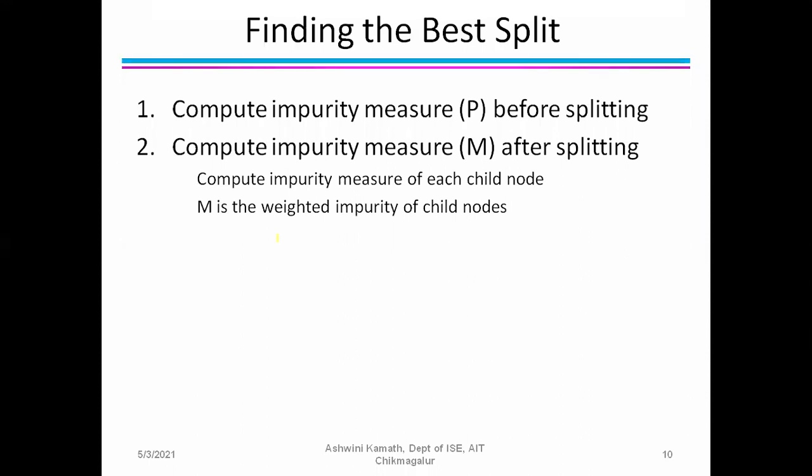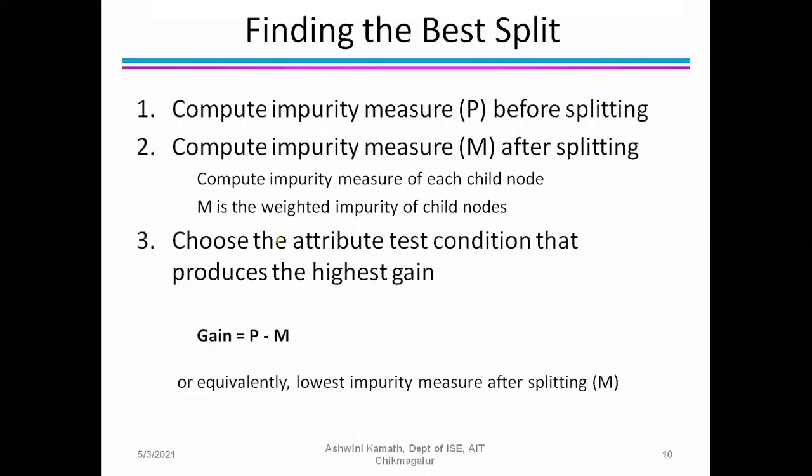Compute the impurity measures of each child node. Then M is the weighted impurity of the child nodes. So choose the attribute test condition that produces the highest gain. So how to calculate that? Gain is equal to P minus M, or equivalently the lowest impurity measure after splitting, M.